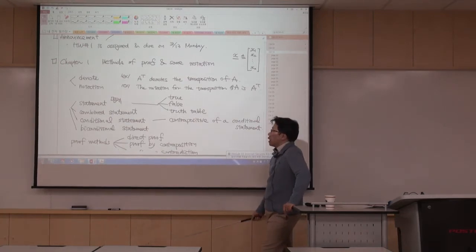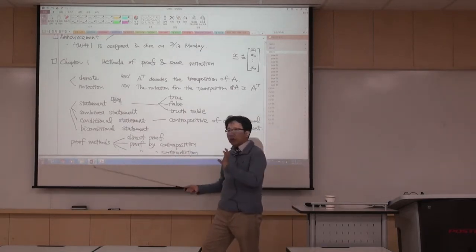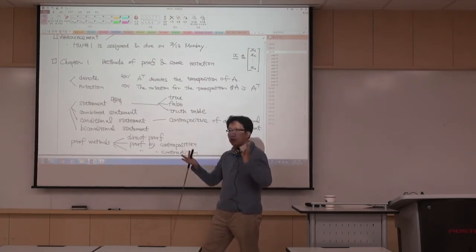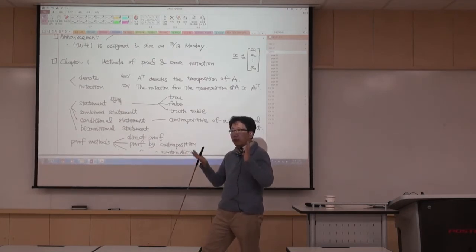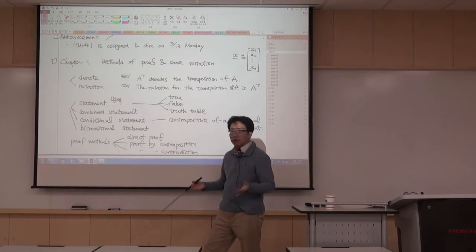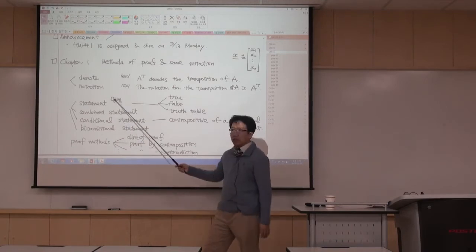Sometimes we combine more than one statement to have a new statement. When we connect them, we use and, or, not, and others. Usually and, or, not is enough to have every possible logical combination of statements.